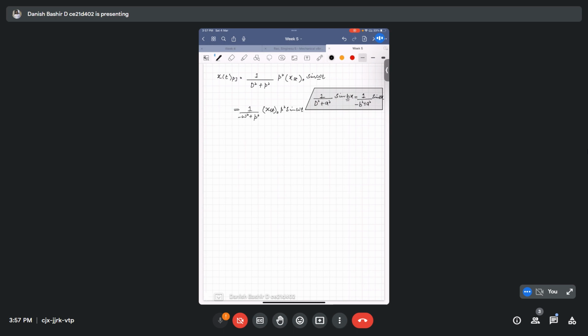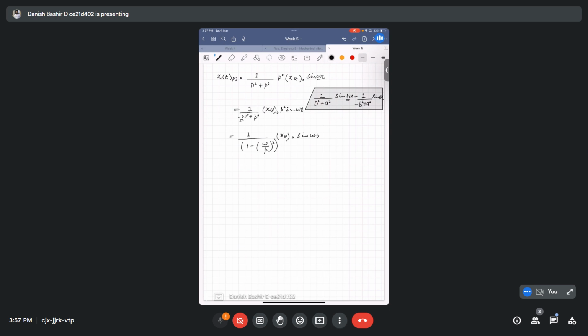If we take p square common from the denominator here, p square will get cancelled. We will have 1 upon 1 minus (omega by p) whole square times x static naught sine omega t.